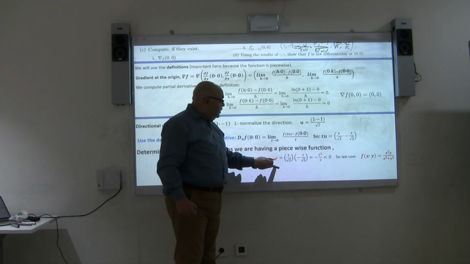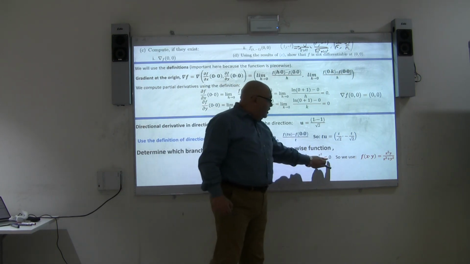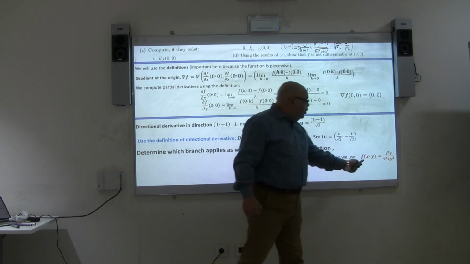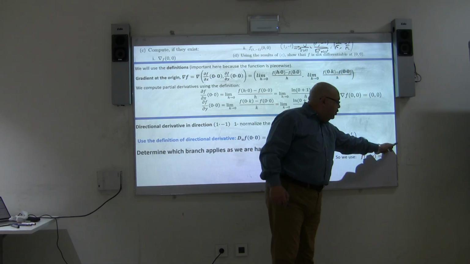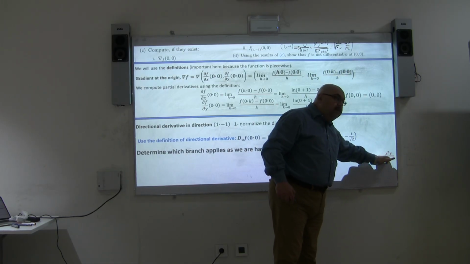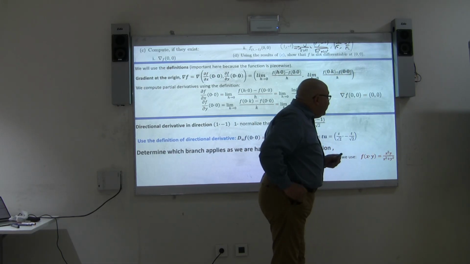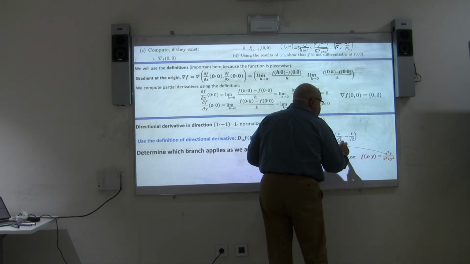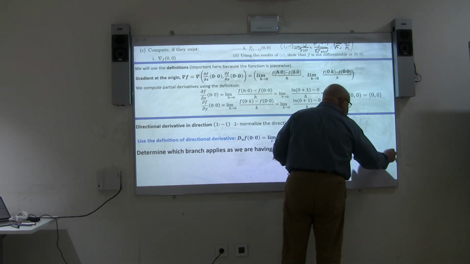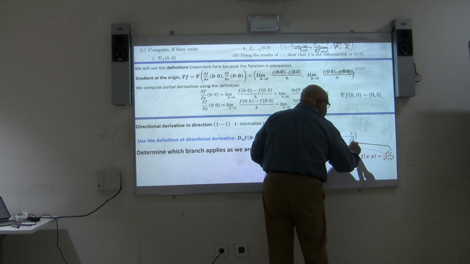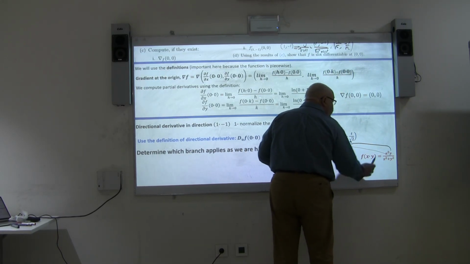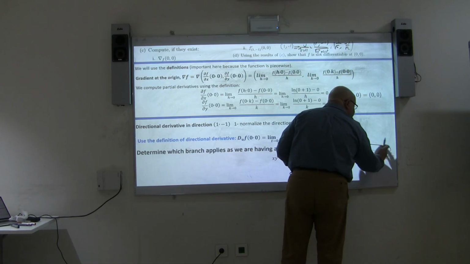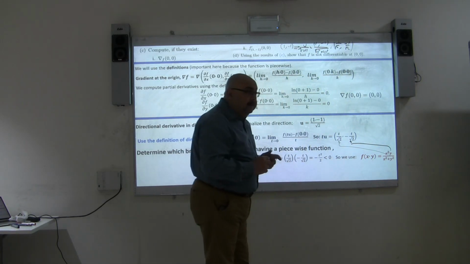In this case, x times y is less than 0. This is why I will use the value of the function, x squared y divided by x squared plus y squared, and make the substitution: instead of every x, I will use t over root 2, and instead of y, I will use negative t over root 2, and then simplify.